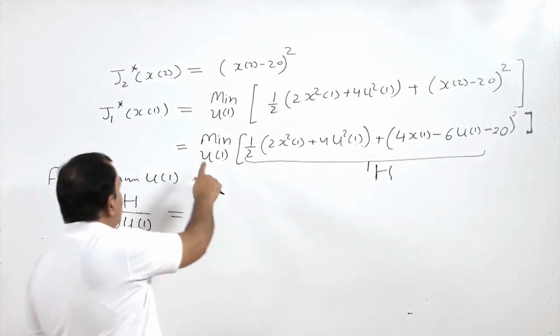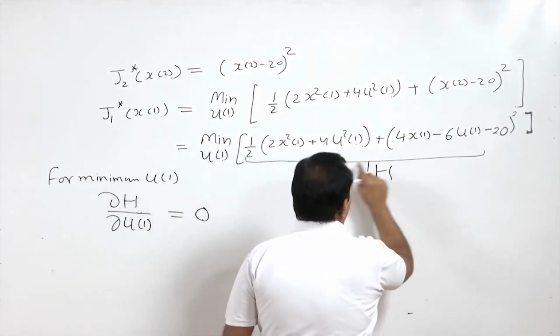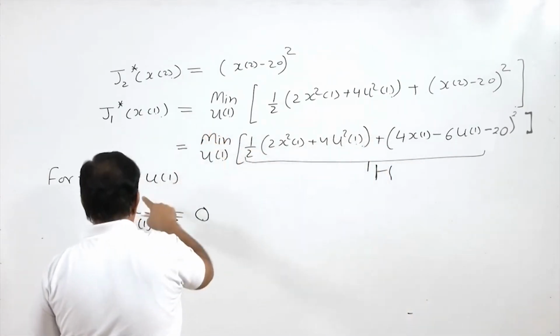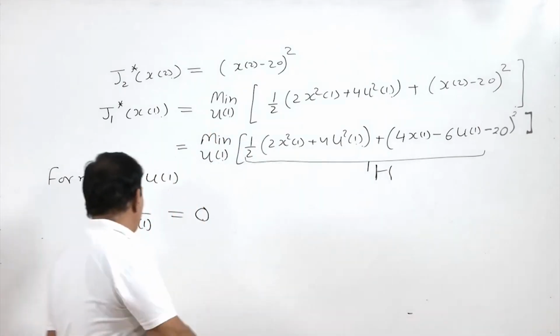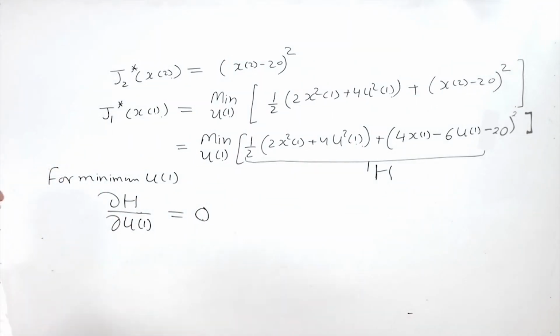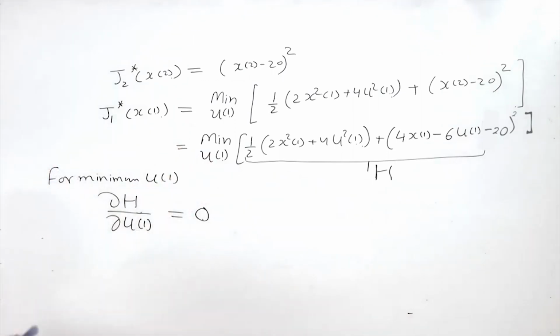So, if this is 0, this will give me the minimum with respect to u1.